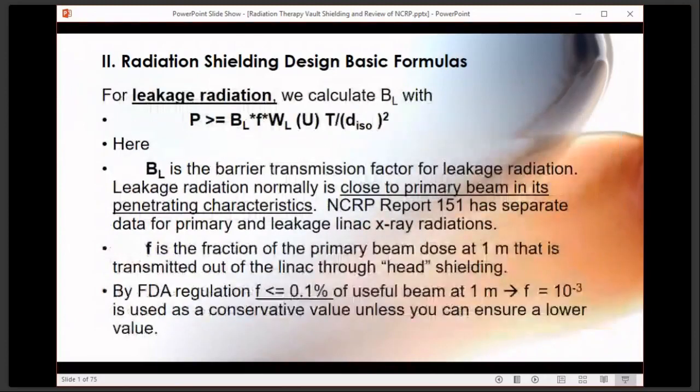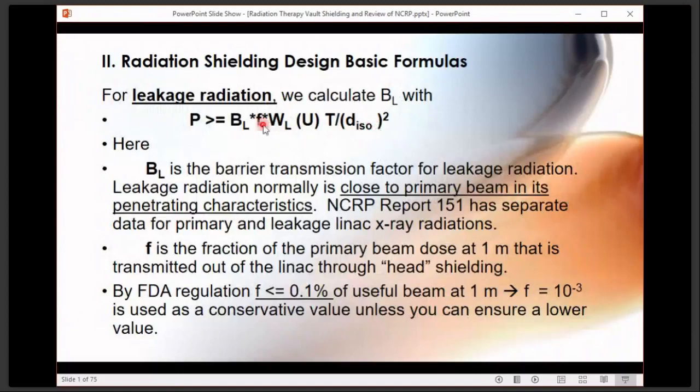So for leakage radiation, we calculate the leakage barrier transmission factor, BL, from this formula, which is very similar to the one before. The main difference here is we've got a leakage radiation workload, and the distance is taken to be from the isocenter, not the target.